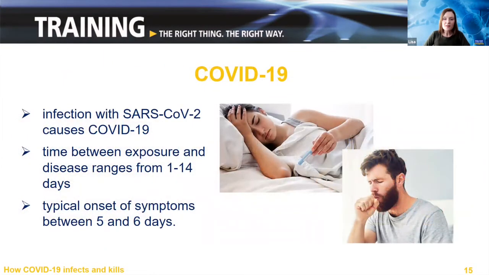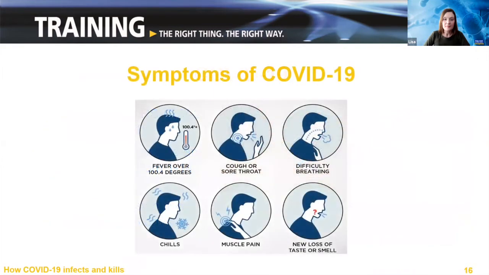Infection with this virus causes a disease now named COVID-19. The time between exposure to the virus and development of symptoms can range from 1 to 14 days, but the typical onset of symptoms is between 5 and 6 days. The most common symptoms of COVID-19 are fever, dry cough, and difficulty breathing.